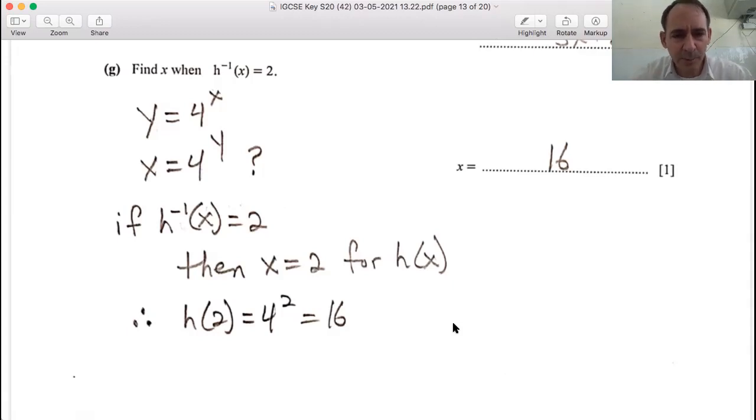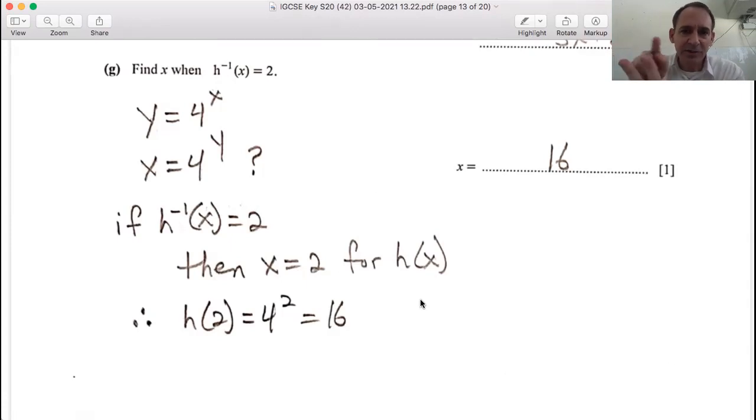So the one that we're particularly interested in is that our x and y values switch places. So if the 2 is the function value, that means the y value of our inverse function, then that means the 2 is the x value for the regular function. Okay, so your function x and y switch for the inverse function.